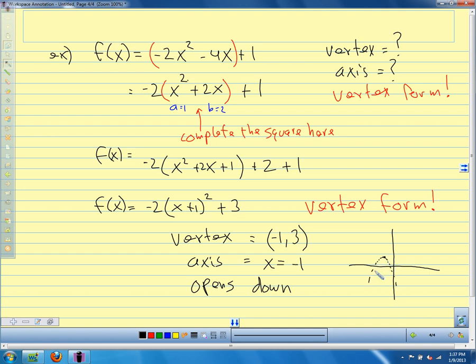If we wanted to find these intercepts, we would set this equal to 0 and figure out where these points were on the x-axis. On some of the problems, it'll ask you to find the intercepts. It'll say find the vertex and the x-intercepts.